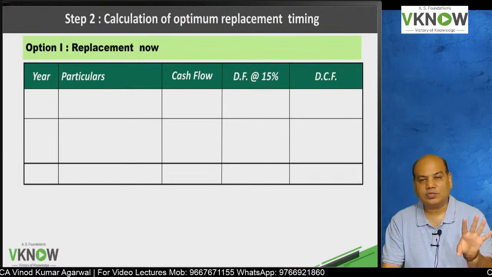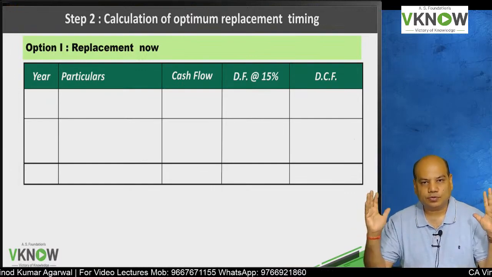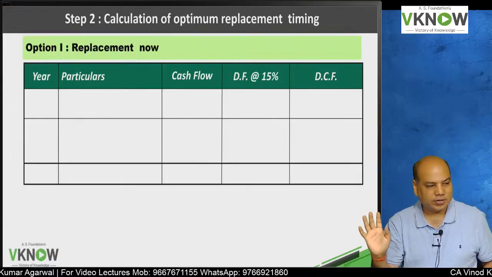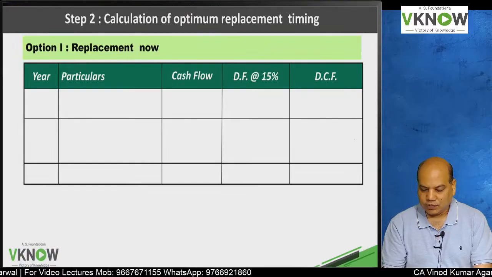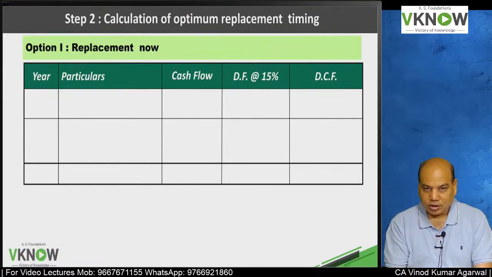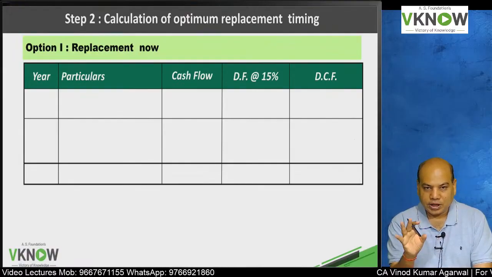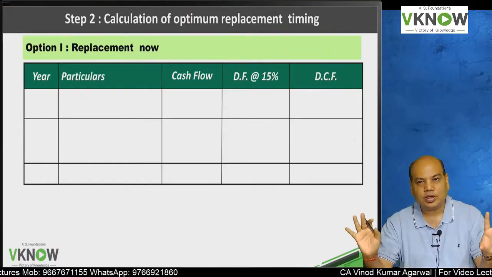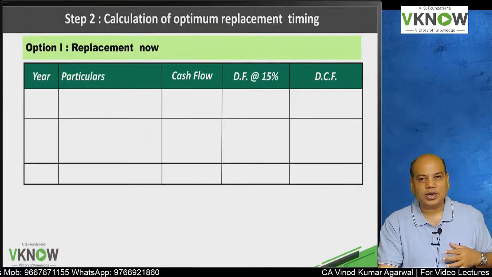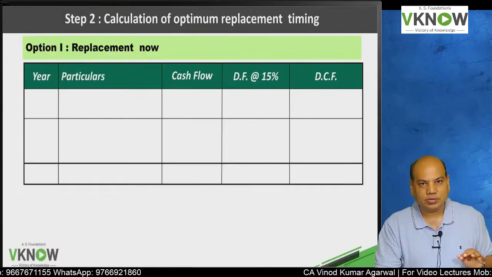So method 1 means we are going to compare cash flow of 4 years. Note I have already dictated: the first method is comparing cash flow for 4 years. Whatever cash flow will take place in the first 4 years, write that and compute present value.